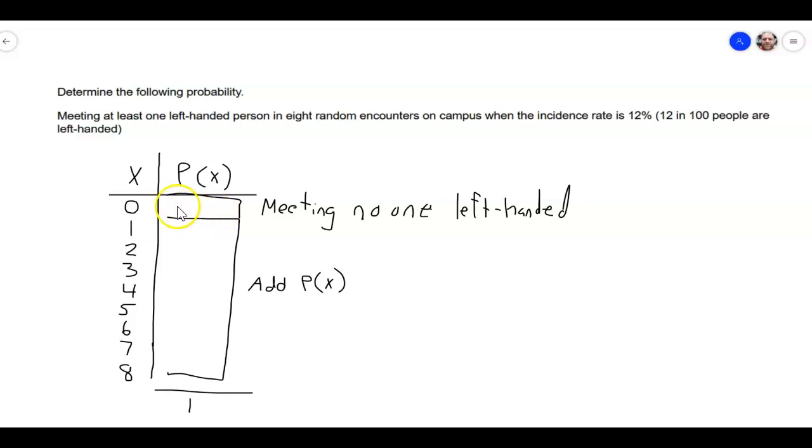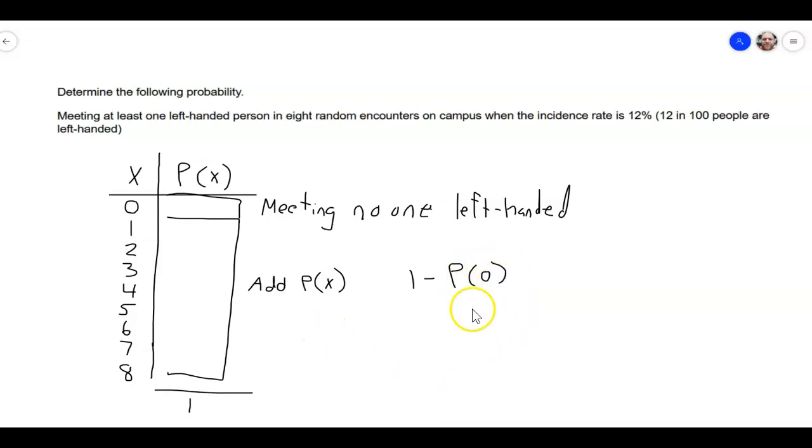Notice that there's only one value here that we have to add up, and there's 8 values here that we have to add up. So we're going to cheat the system a little bit. I'm going to say that the probability of all of these is really just equal to 1 minus the probability that no one is left-handed.